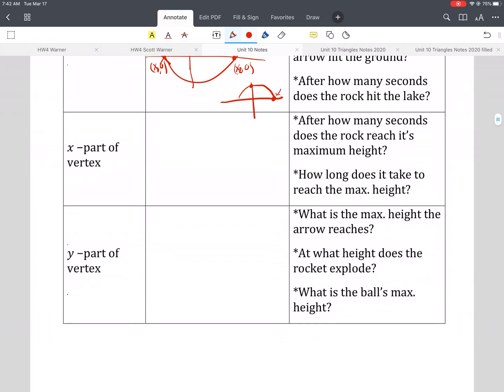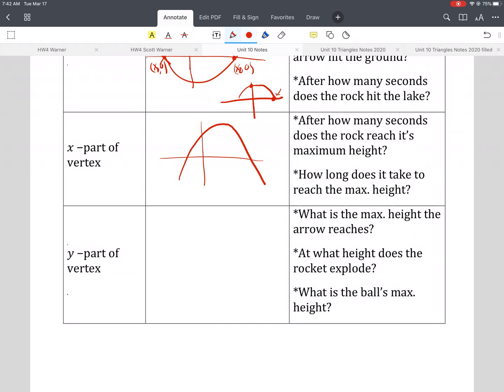Other questions could be something like, after how many seconds does the rock reach its maximum height? Or how long does it take to reach the maximum height? So let's do another example. We could have a parabola, something like this. Let me change that a little bit.